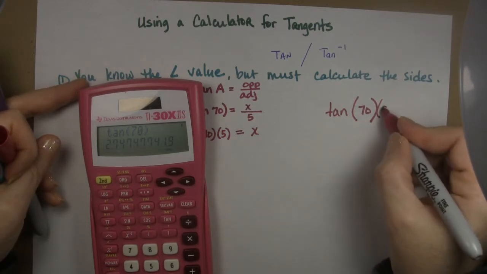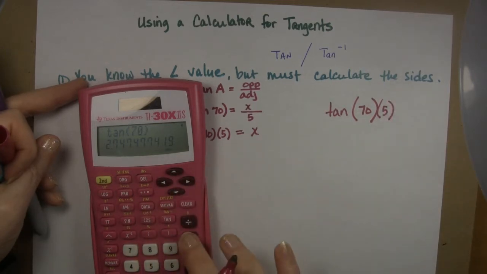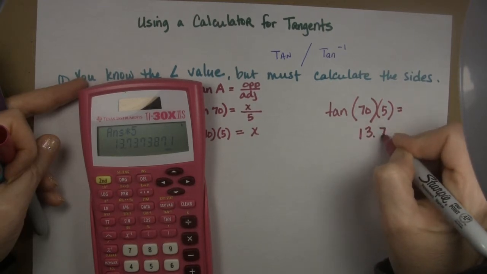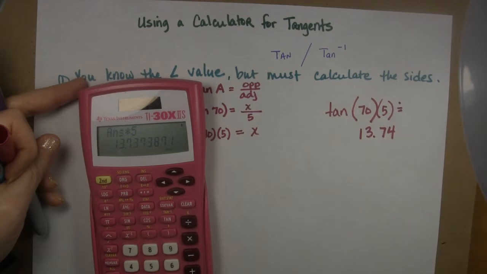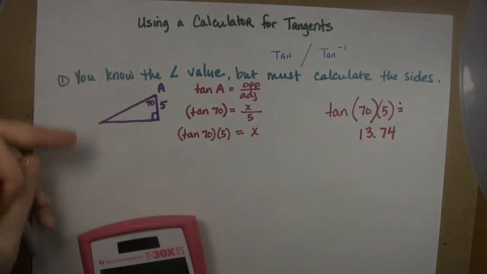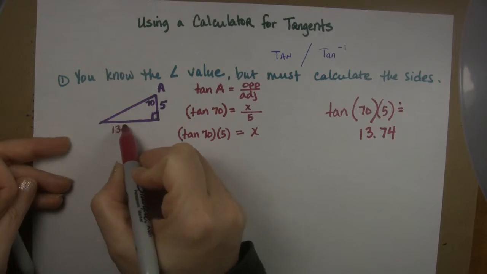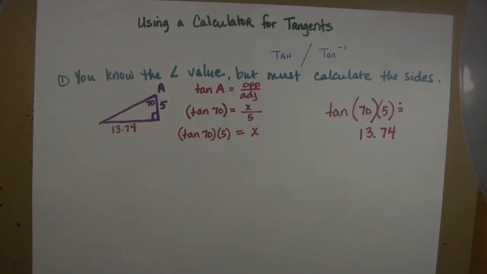I'm just going to multiply that by 5. I'm not even going to clear my calculator. Times 5 equals 13.74, roughly. So that means that on this triangle, this length right here is about 13.74.